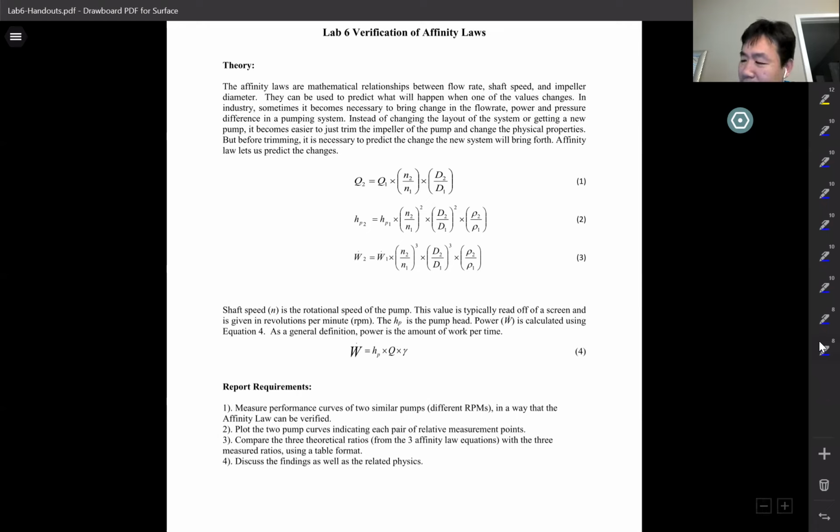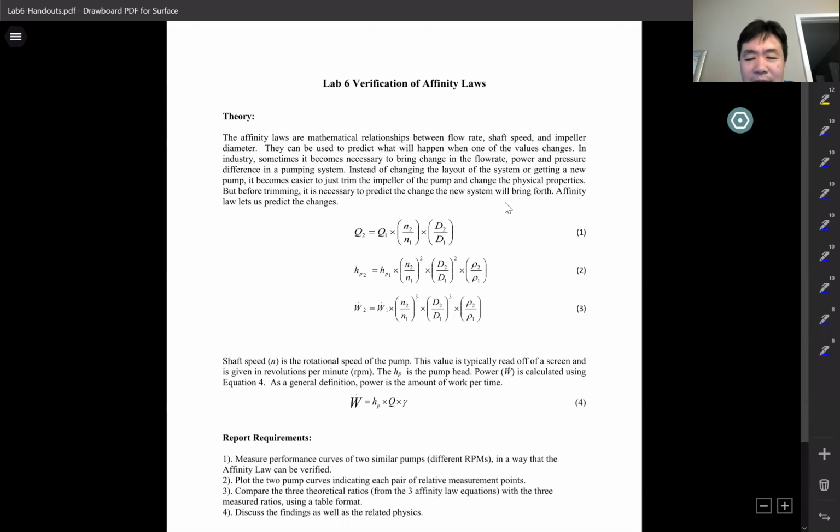When the same pump runs for a different fluid, with a different density, what will the performance be? So that's the purpose of the affinity law. This is the handout, equations 1, 2, and 3. These are the 3 affinity law equations, so let's look at all 3 of them.